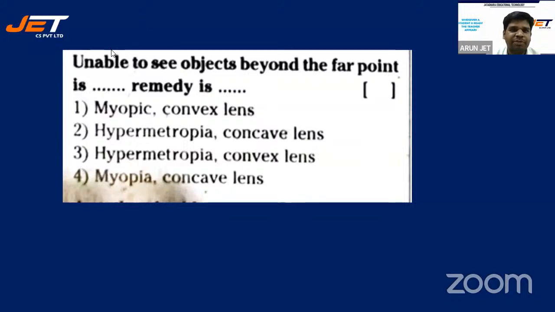Unable to see objects beyond the far point is dash. Remedy is dash. Myopia, convex lens; hypermetropia, concave lens; hypermetropia, convex lens; myopia, concave lens. What kind of defect it is and what's the remedy?